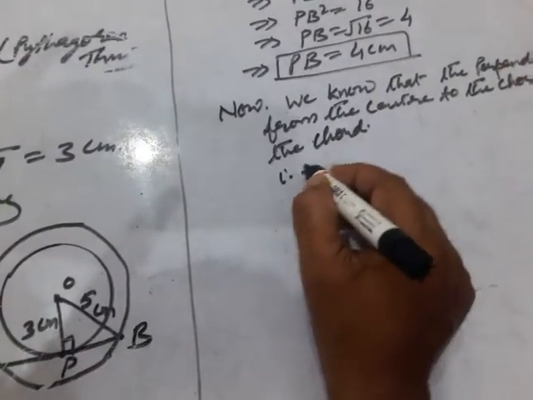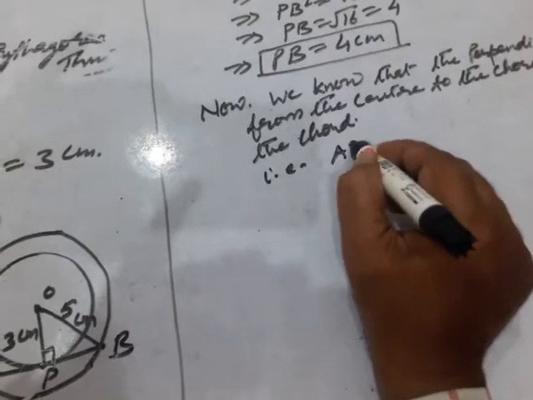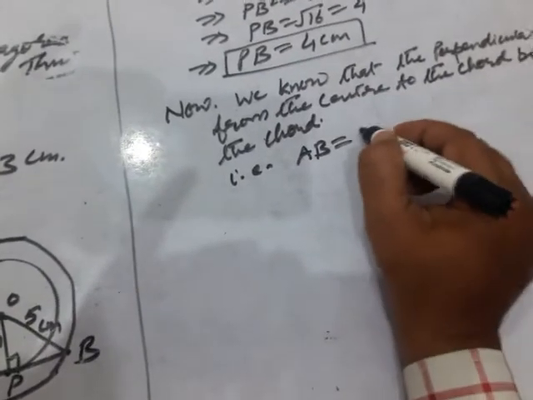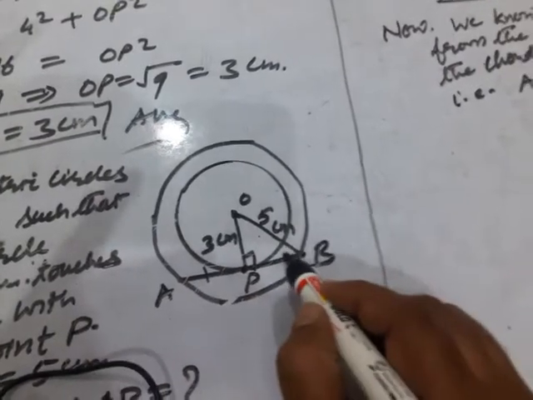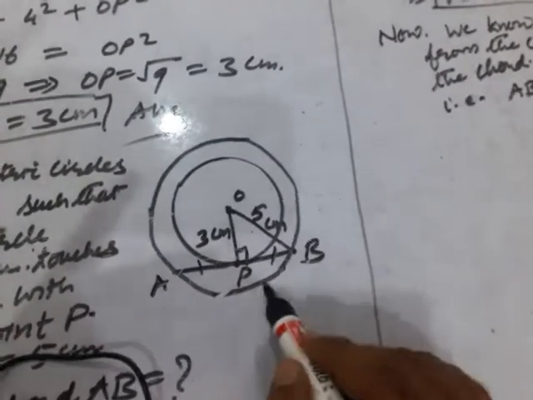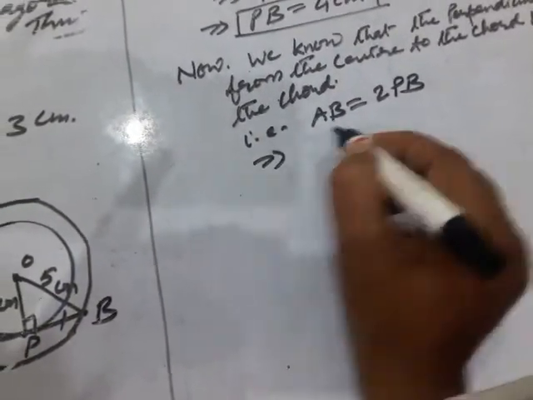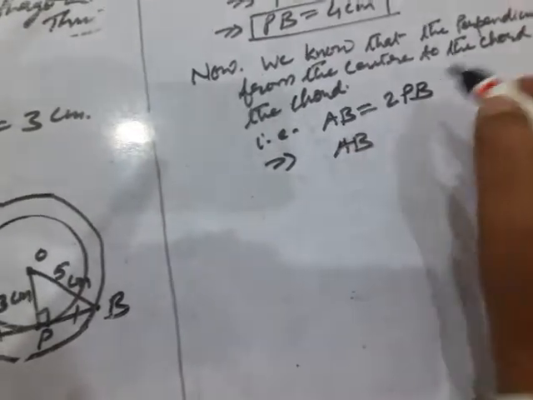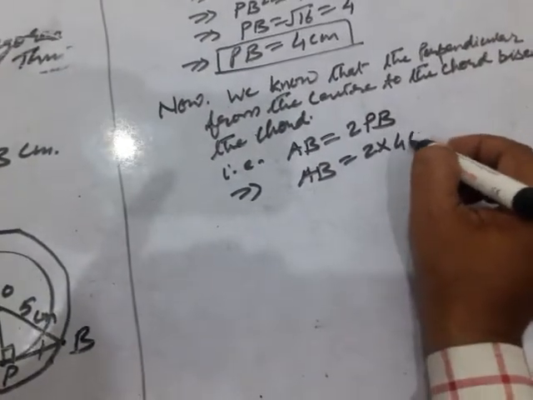What does it mean? That is what I want to say, that AB equals 2PB. It means that AP equals PB, and so AB equals 2PB. This implies that AB equals 2 into PB, which is 4 centimeter.